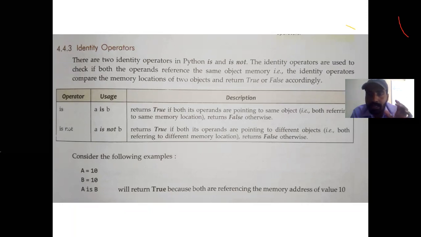As you all must have studied, every value, any object, whatever we create in computer has a unique address in the memory. In computer memory, every value has a unique address. Is it clear? And that address, that location is compared by is operator, is and is not. Is it clear?